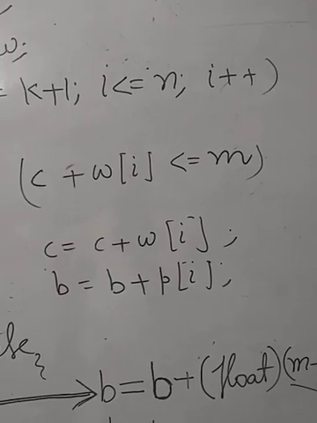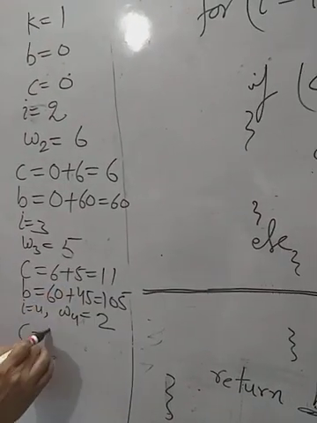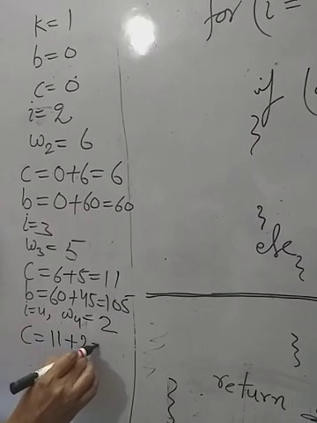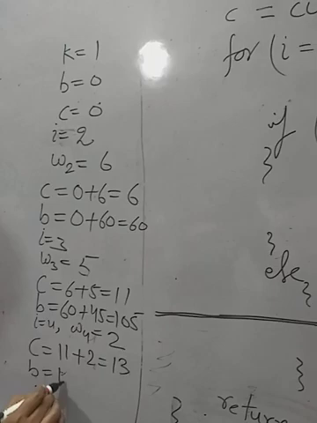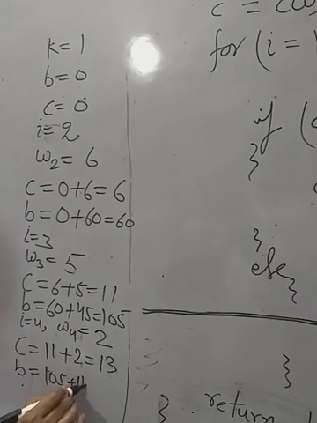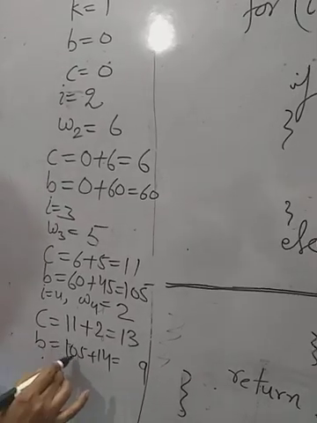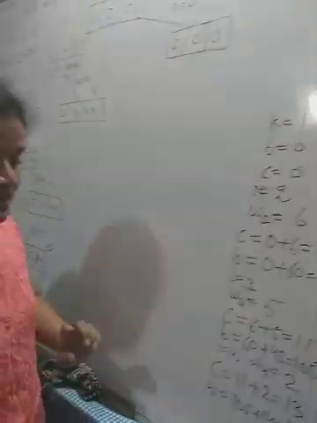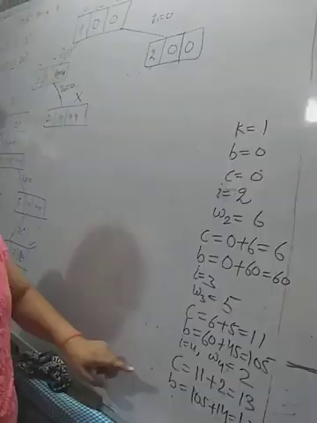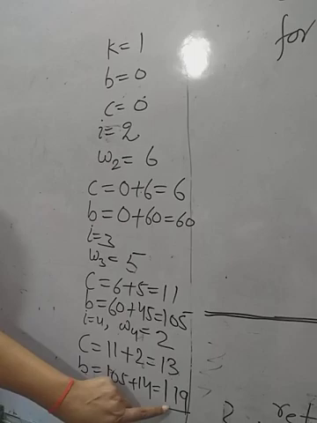So here we can add: C equal to 11 plus 2, that is 13, and B equal to 105 plus 14, that is 119. Now see here, till now the value of C is 13 and B is 119.